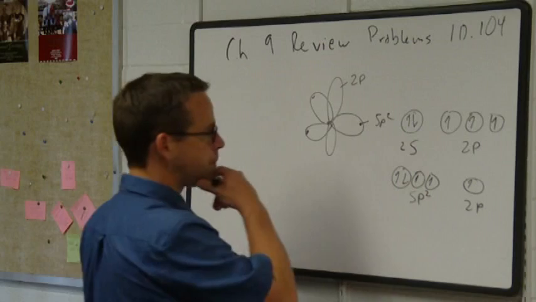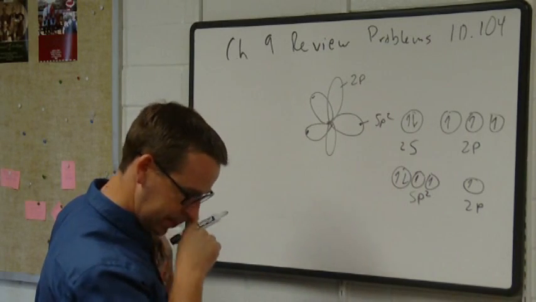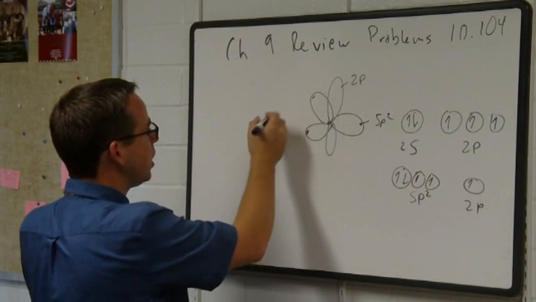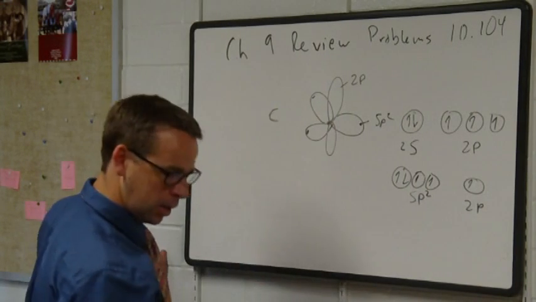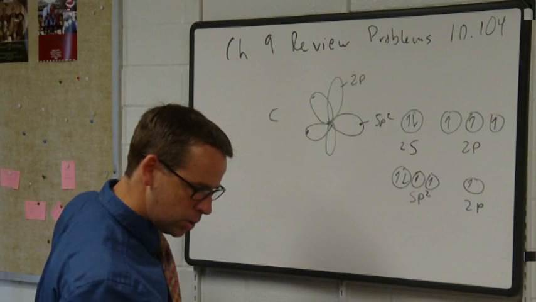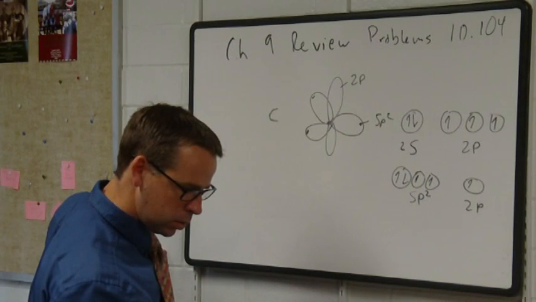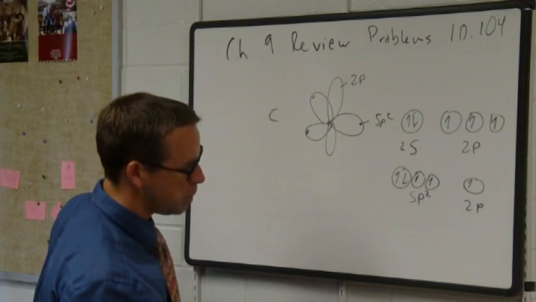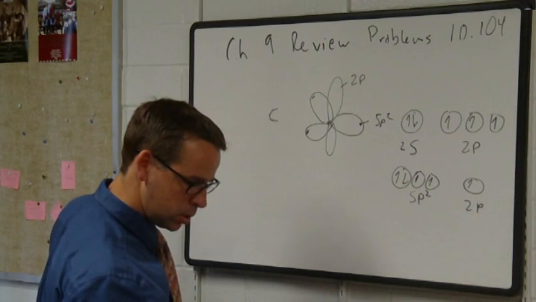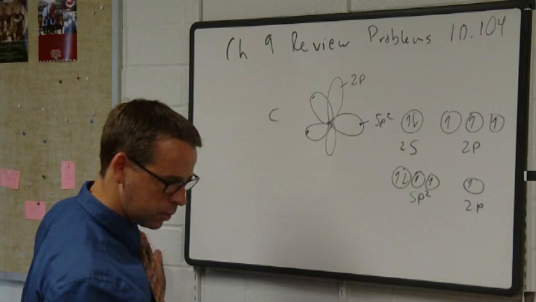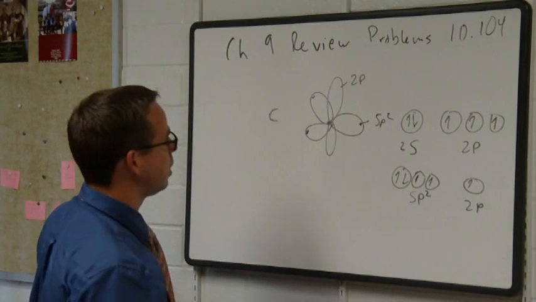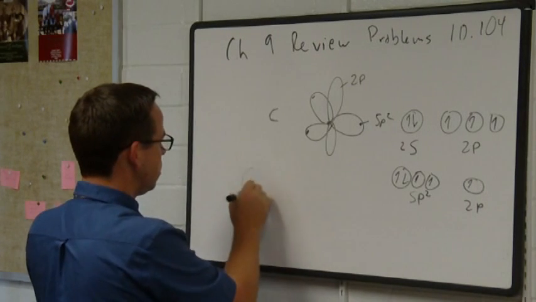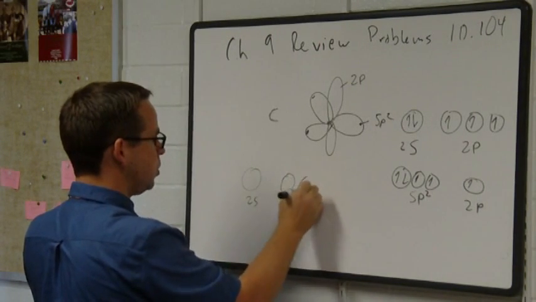So the carbon next to it here is going to have 1, 2, 3, 4 sp. It's going to have sp3 hybridization, and here's this 2s and its 2p.